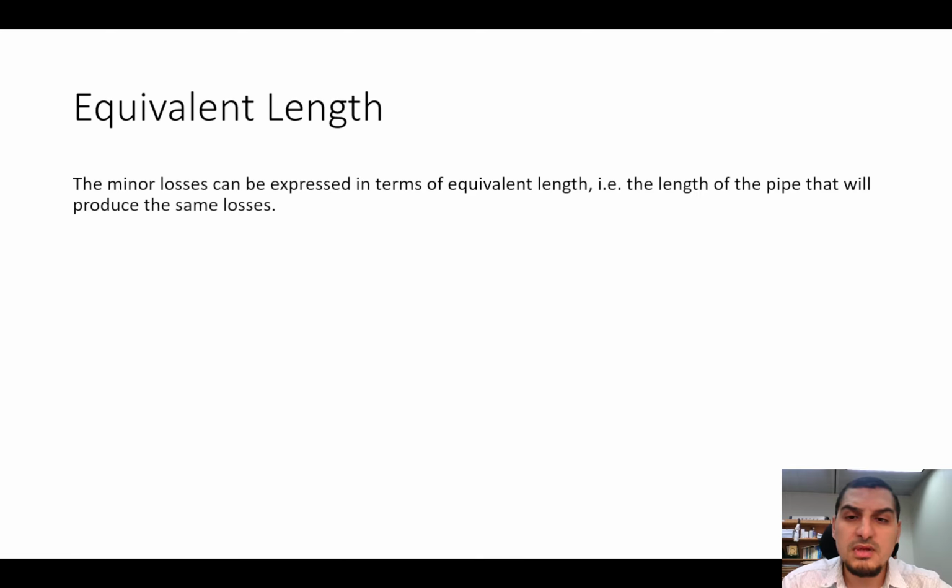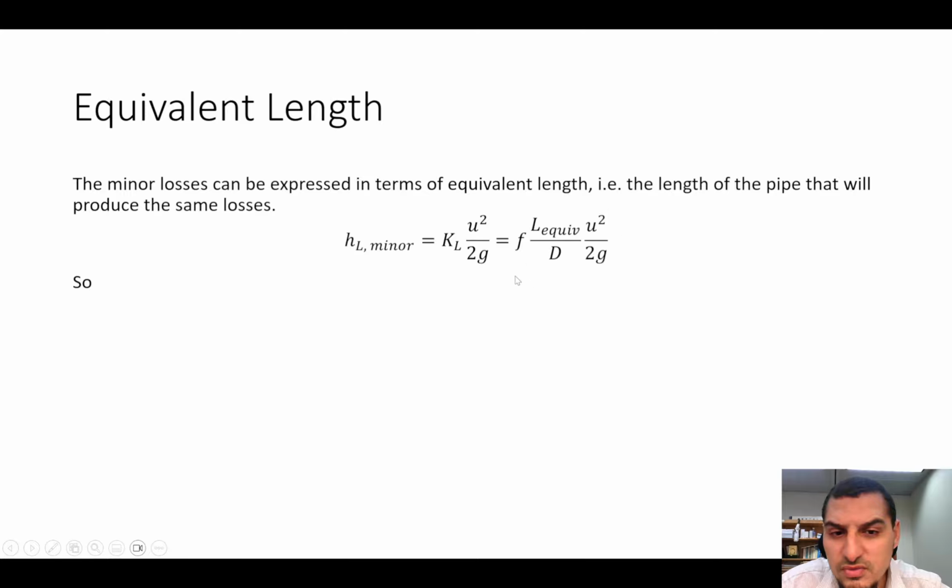So the equivalent length is the length of the pipe that will lead to 1000 pascals. It's just to express this in terms of the Darcy equation. So the losses that happen in the valve, for instance, are equal to the losses that happen when we have a length that is equivalent, what we call an equivalent length. This is the length of the pipe that will lead to the same losses as the losses we get from the valve or whatever.